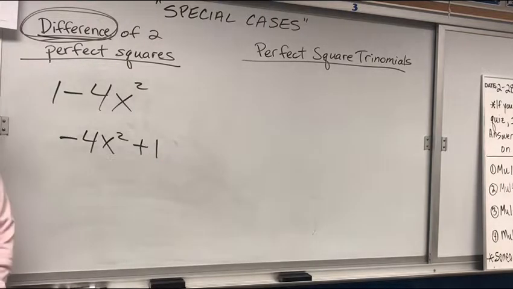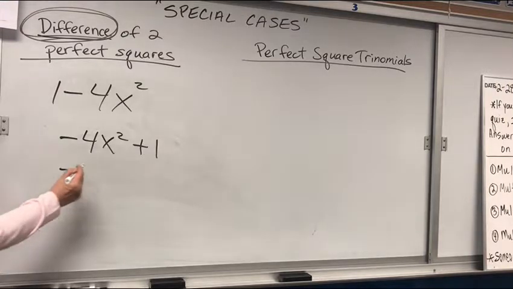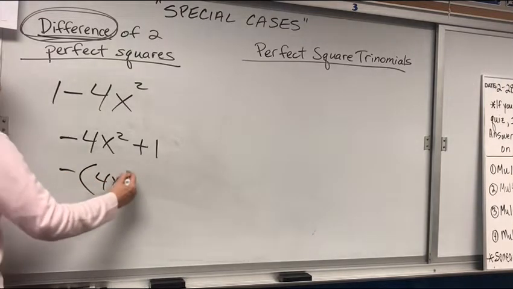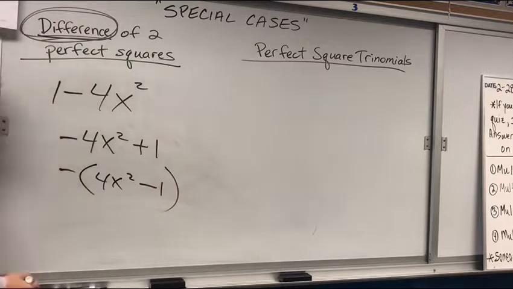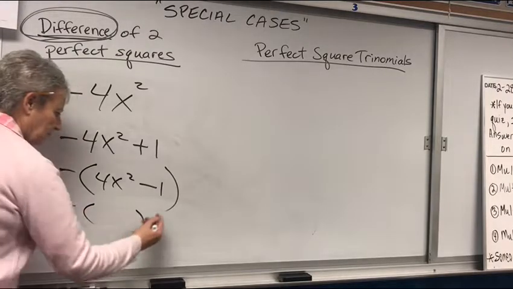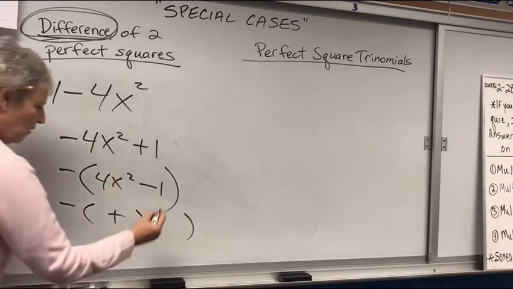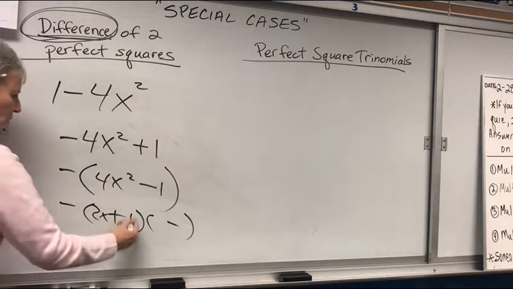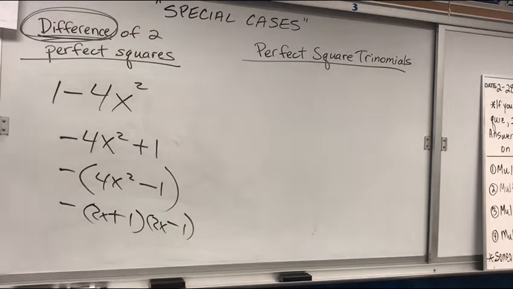It's not a difference anymore. No. What should I do? Take out the negative. 4x squared minus 1. Now I have two perfect squares again, and it's subtraction. One's plus, one's minus. 2x and 1, 2x and 1.